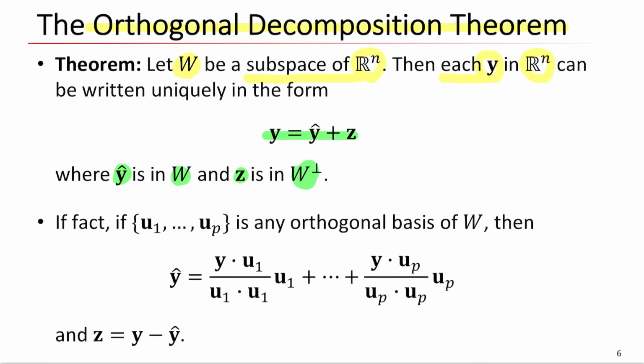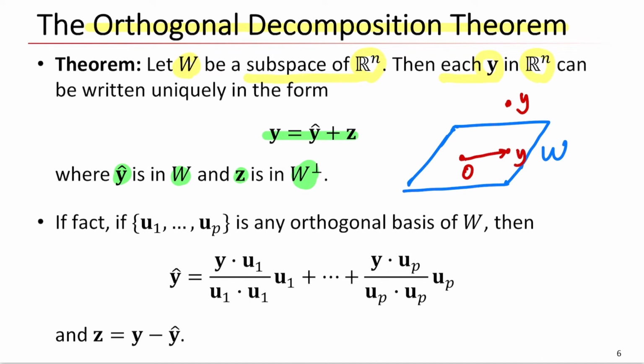Let me draw a figure again here. Let's say there is the subspace W here, and there is the zero vector here because this is a subspace, right? And there is a vector y here. Then each vector y in R^n can be written uniquely in the form of y hat plus z.